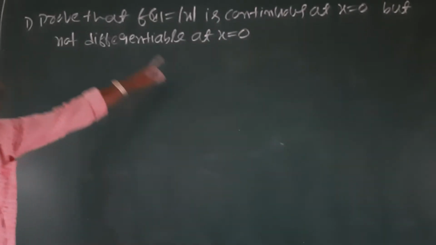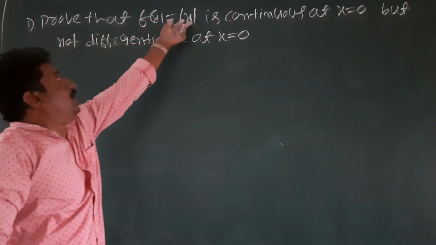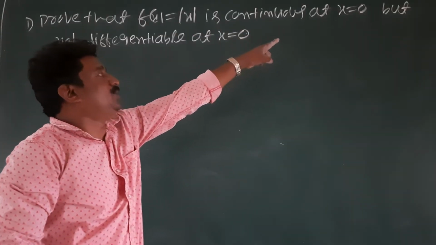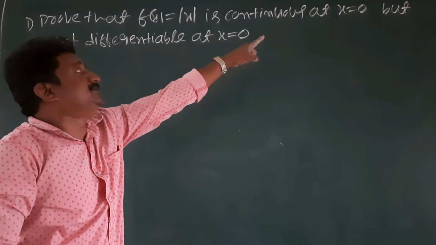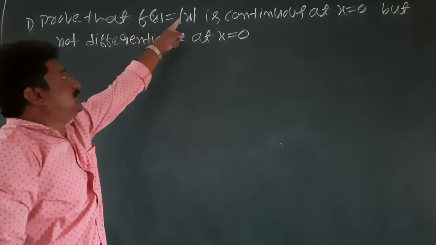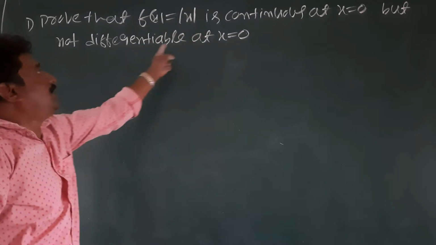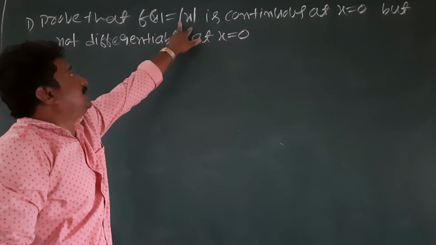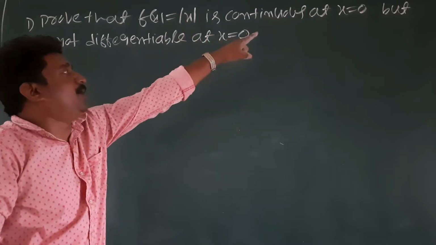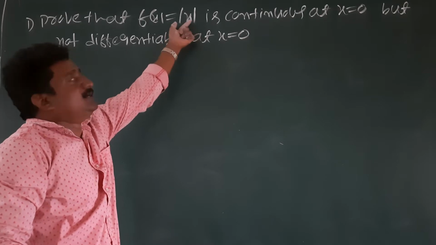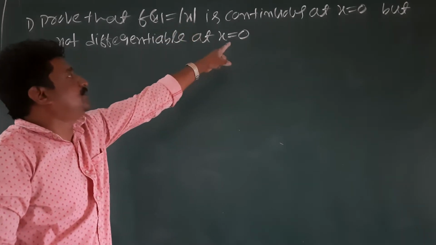Look at the question, students. The modulus function is continuous at x equals 0, which is the origin, but the same function is not differentiable at the origin. That means mod x is continuous at x equals 0, but differentiating mod x is not possible at x equals 0.